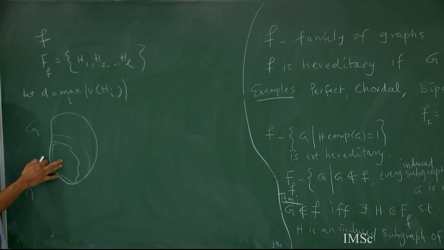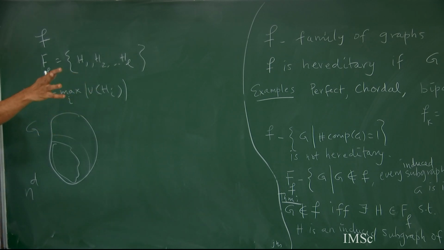You can do isomorphism, try all subgraphs, all kinds of things you can do because D is a constant. D has nothing to do with your input. D is just a constant. For example, for cluster graph, that D is 3. So D is 3, 10, 15, whatever.